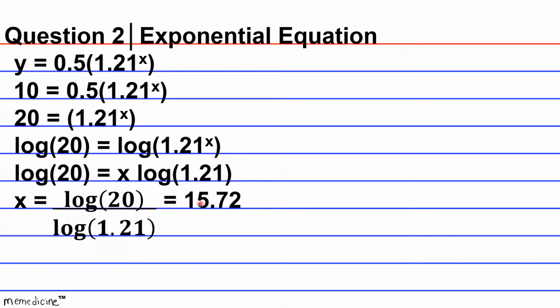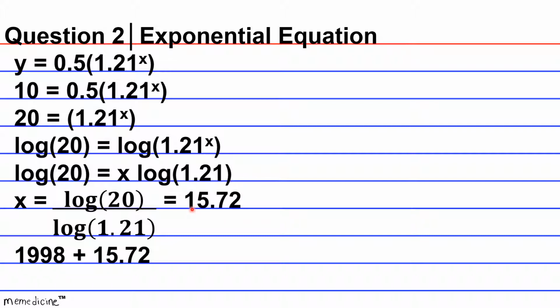Now what we're going to do is add 15.72 to 1998, because this is the number of years since 1998, as you can see if you scroll back to the first page. Adding this amount of years to 1998 will tell us the year in which the number of snowboarders reaches 10 million.